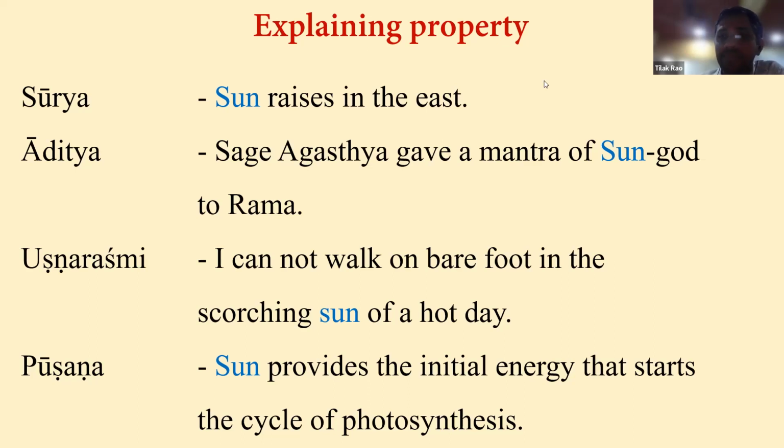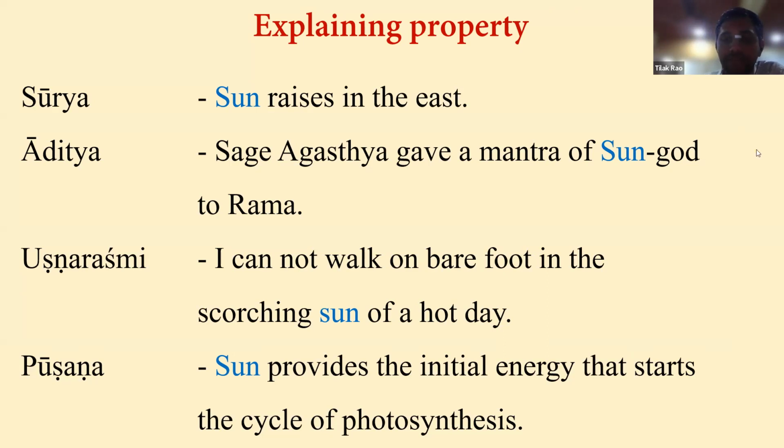But when we say Sage Agastya gave a mantra of sun god to Rama, it is called Aditya Hridaya. It is not Surya Hridaya. Why is it not Surya Hridaya? Because here we are referring to Devata. When we are referring to some Devata, then Aditya becomes a more appropriate term than Surya.